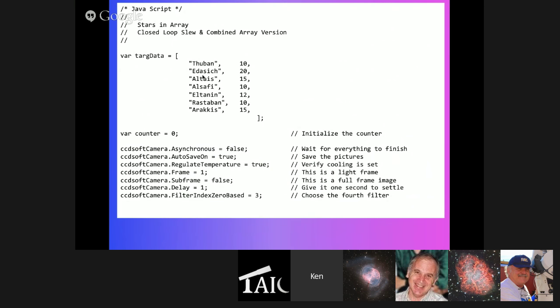Now this is just another example that's built into an array. Instead of having 2 arrays, one for targets and one for exposures, I have 1 array, targ data. I've got the target and the exposure, and the target and the exposure. I set it up in this sort of odd looking table form so that it would be very easy to go in here and add more or remove more, and you see what's what, and it's easy for the user to edit.